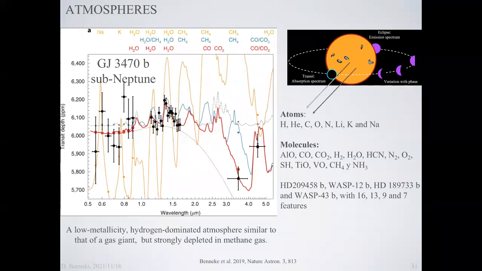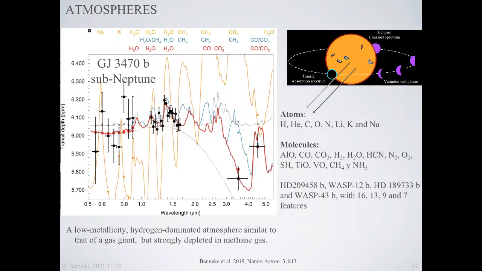Once James Webb starts to produce results in 6 months from now, I think that we are going to have a complete view of this kind of diagram, in terms not only of errors and precision, but also the comparison with the models and the information we are going to be able to derive. This is not the only thing that we can obtain from the atmosphere.